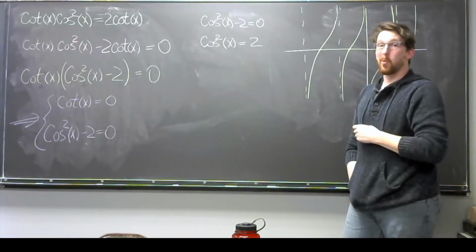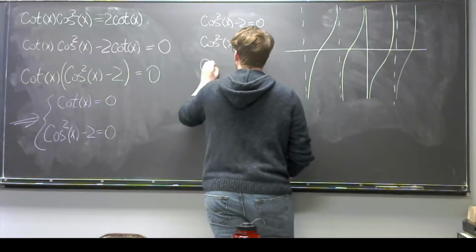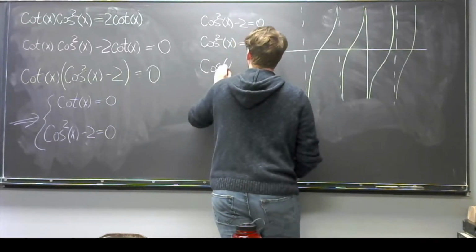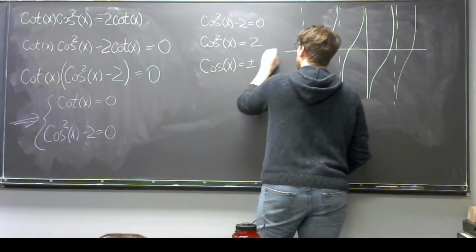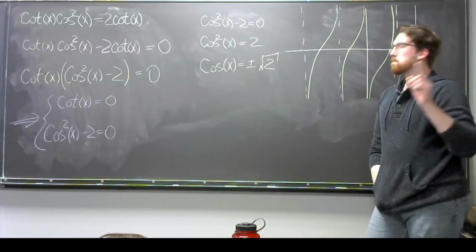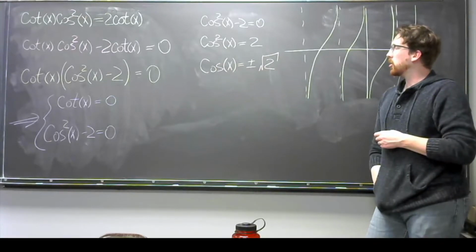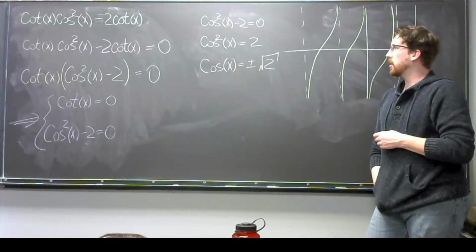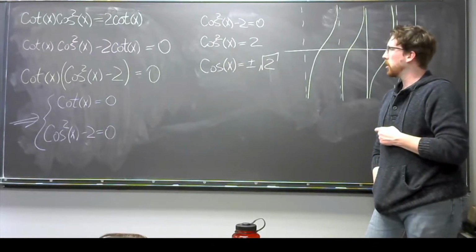Now we can take the square root of both sides. Cosine of x is equal to plus or minus the square root of 2. But wait, cosine x can never be plus or minus the square root of 2.